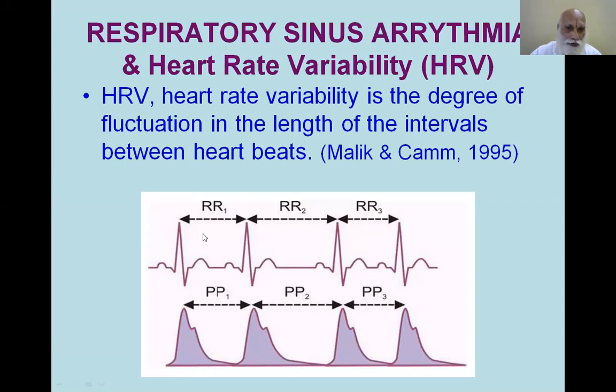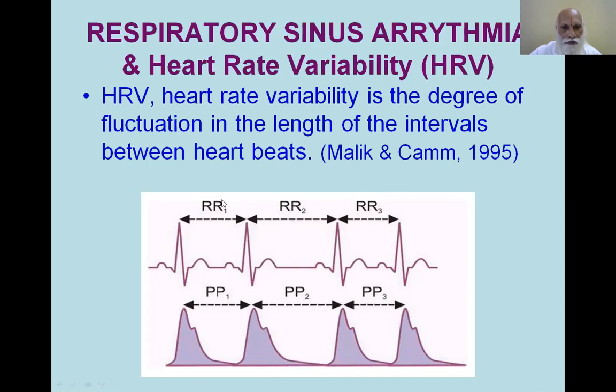So here, the RR interval varies, and so does the cardiac cycle duration. With a smaller RR interval, you see that the rate is more, because the cardiac cycle is over quickly. So when the RR interval is longer, then the heart rate is slow.